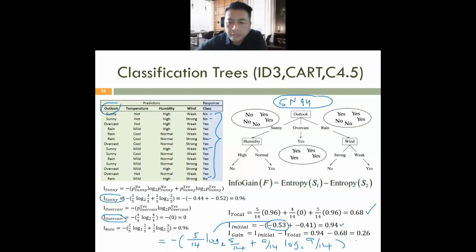So this one will give you 0.94. Okay, so that is the initial entropy.